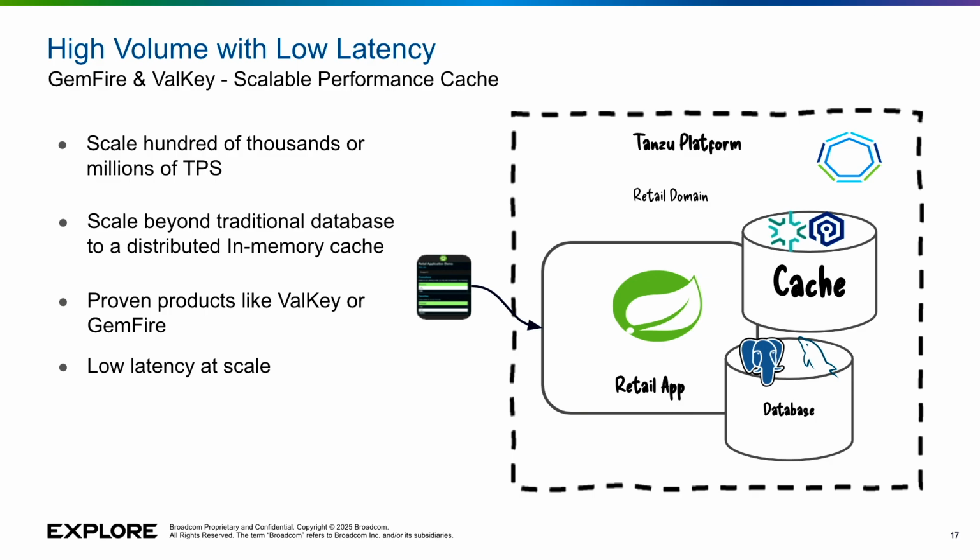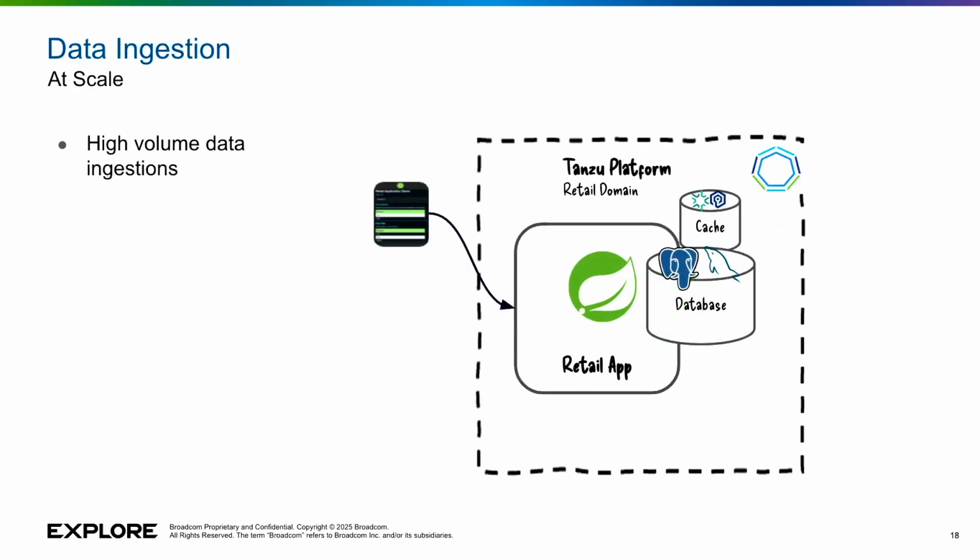It is used by a significant number of high-profile financial customers for data at scale. Again, sub-millisecond response times for thousands of transactions per second, right, for low latency. So now, okay, you got your cache, you got your relational database, and you are, again, more and more successful.